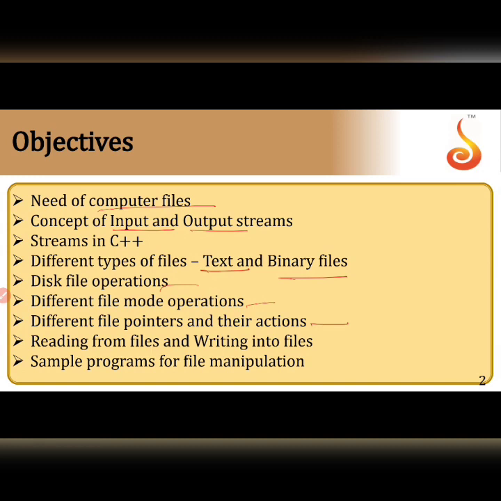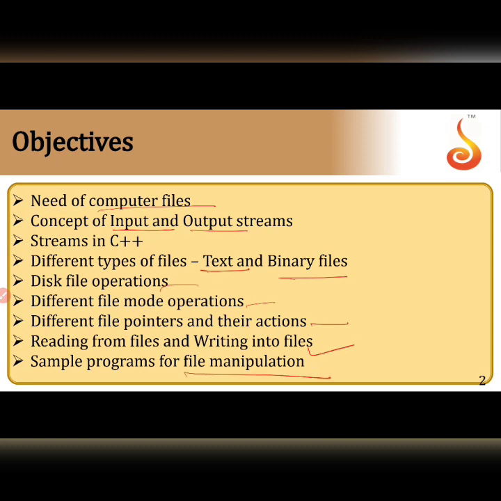From the program I will be writing out the output, and to the program I will be giving input. Or I can have input and output from a file and to a file, or I can take the input from the keyboard and write the output to a file. All these things we can do, and then we'll be doing programs for each of these 5 manipulations.